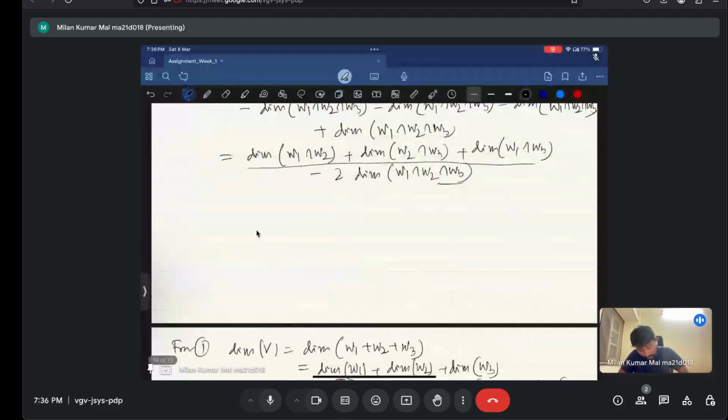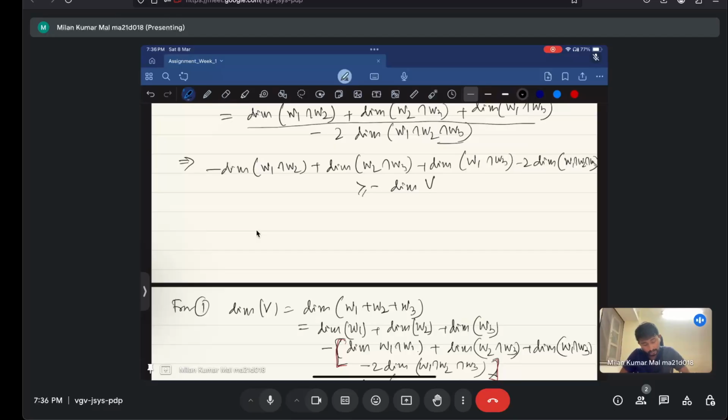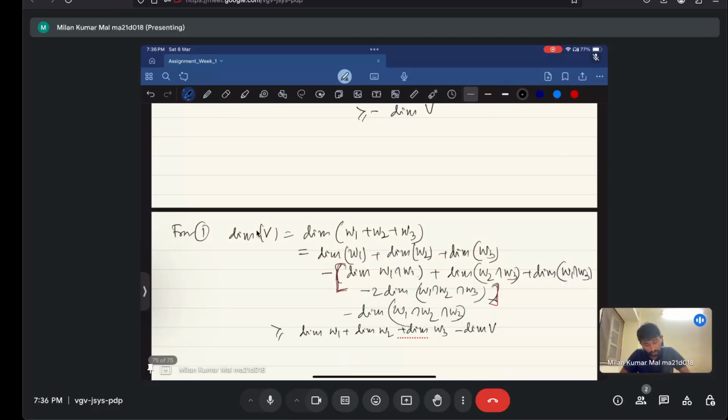Okay, so from here, what we can say is that dimension of W1 intersection W2 plus dimension of W2 intersection W3 plus dimension of W1 intersection W3 minus 2 dimension of W1 intersection W2 intersection W3 is less than or equal to dimension of V. So here we have adjusted this. Therefore, minus of this is greater than or equal to minus of this. That is what we want to use.